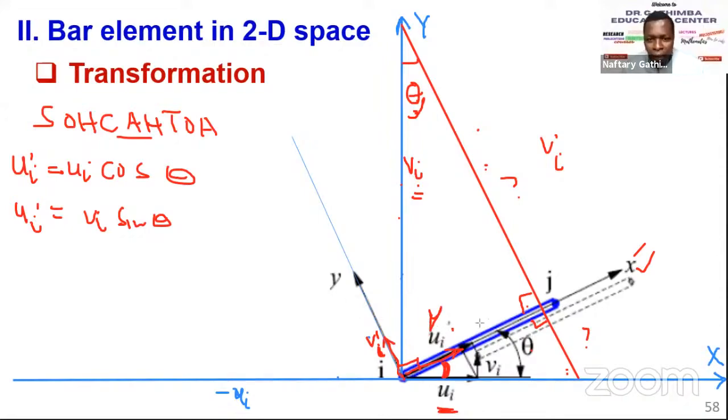If I plot a line parallel to the element, our element is oriented here. Remember, you see that this line is parallel to this line. So I can draw another parallel line to the x-axis of the local coordinate system here. Let me draw using a straight line. So I plot it here, touching both the y and the x-axis.